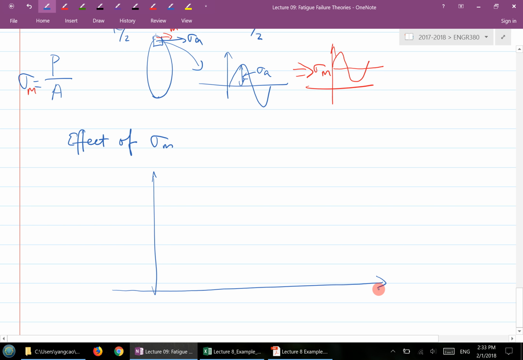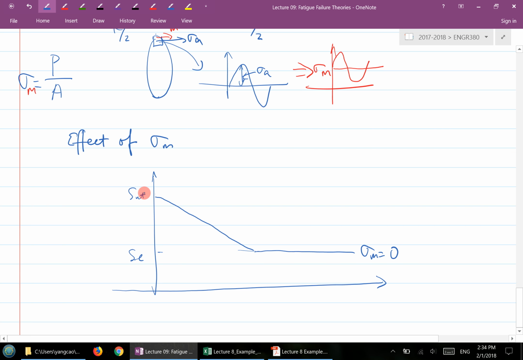That stress life diagram more or less looks like this. For this one here, this is your sigma m equal to 0, and of course this is your SE, and this is approximately SUT.